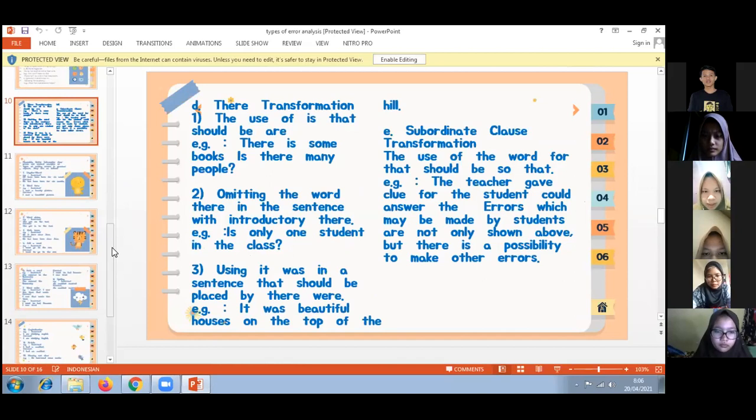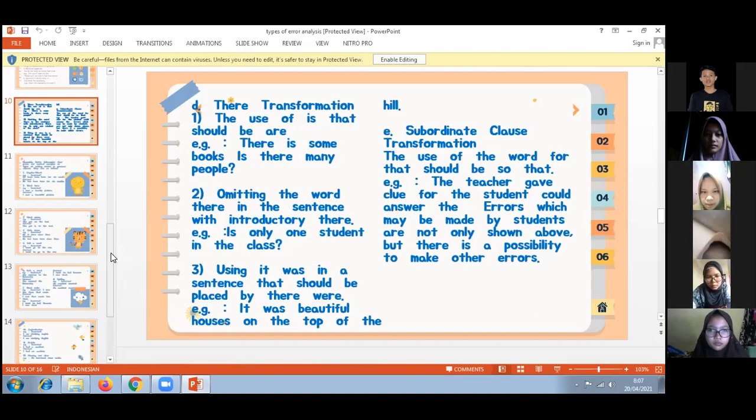For example, there is some books. Is there many people? The second, omitting the word there in a sentence with introductory there. For example, is only one student in the class. The third, using it was in a sentence that should be replaced by there were. For example, it was beautiful houses on the top of the hills.